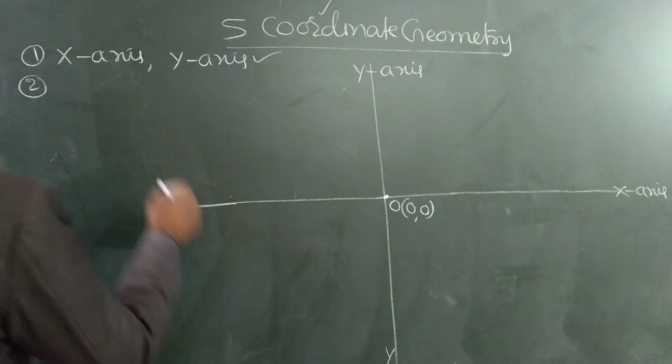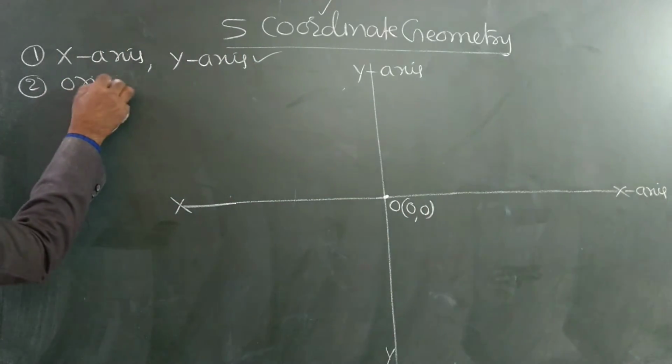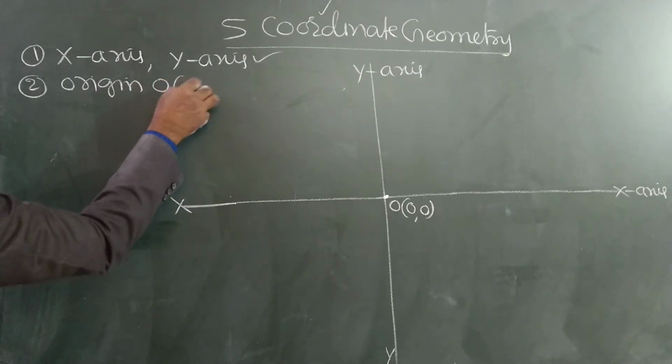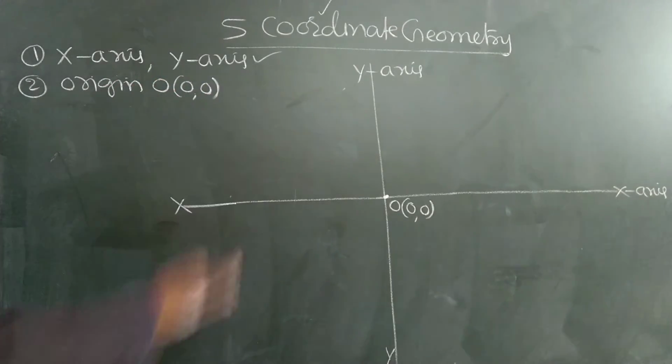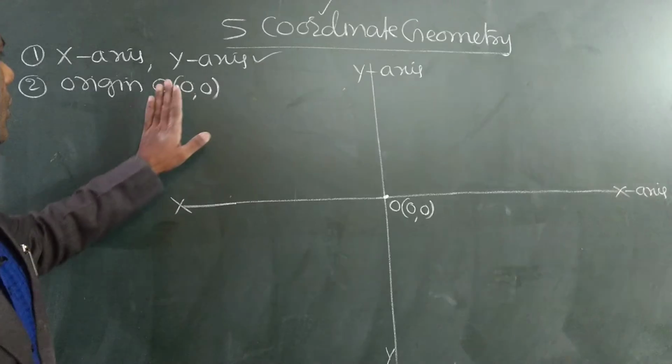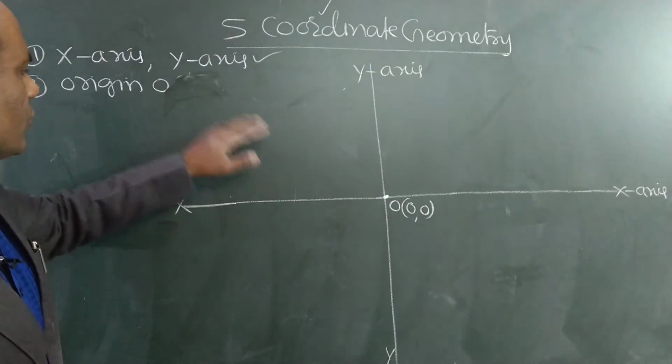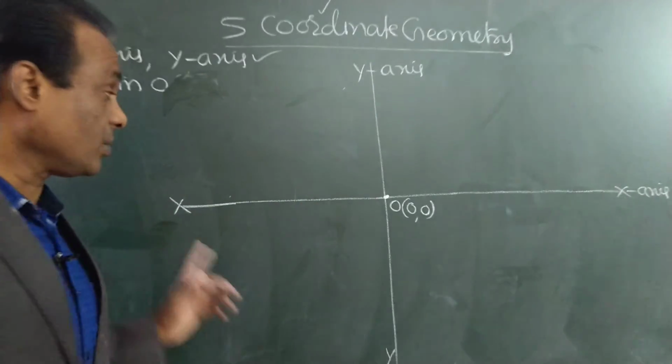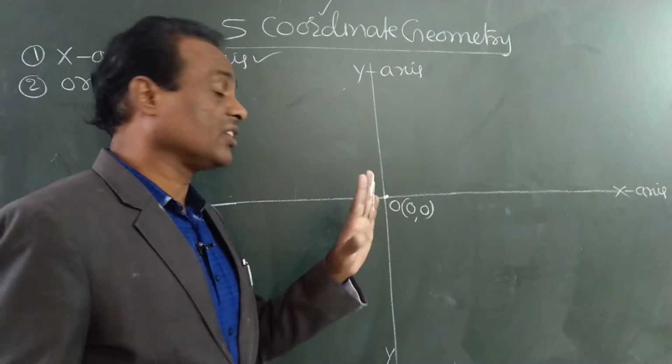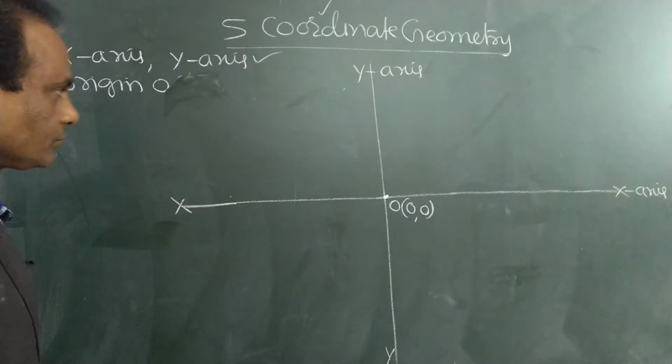This is called origin. It is denoted by O, that is (0, 0). The point of intersection of these two reference lines is called origin.